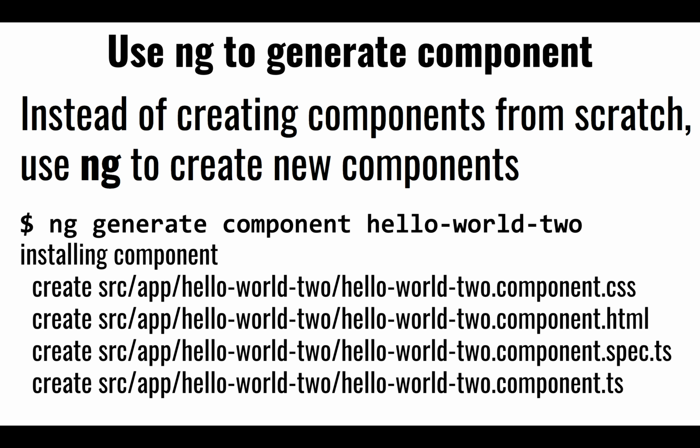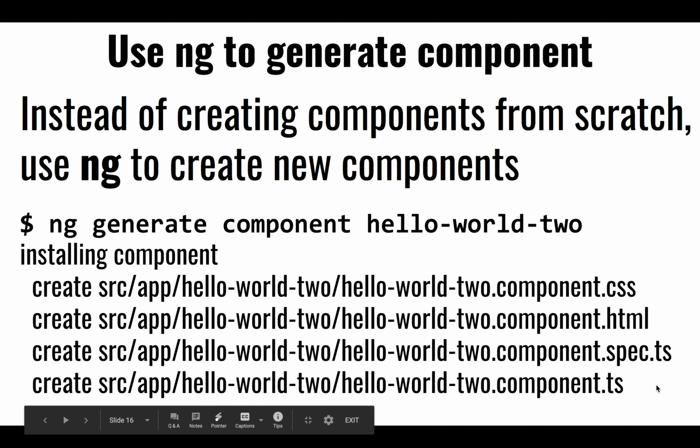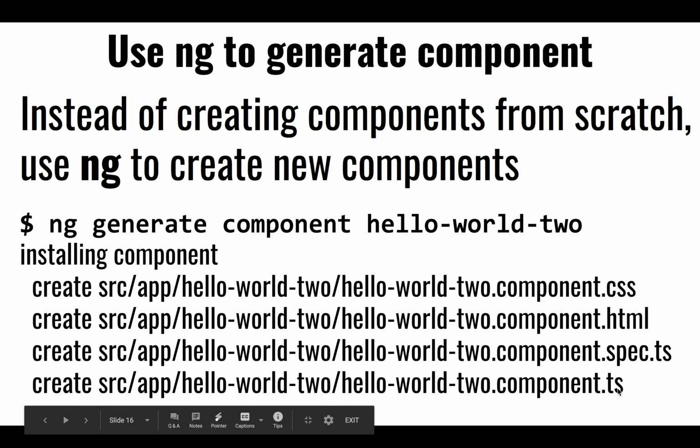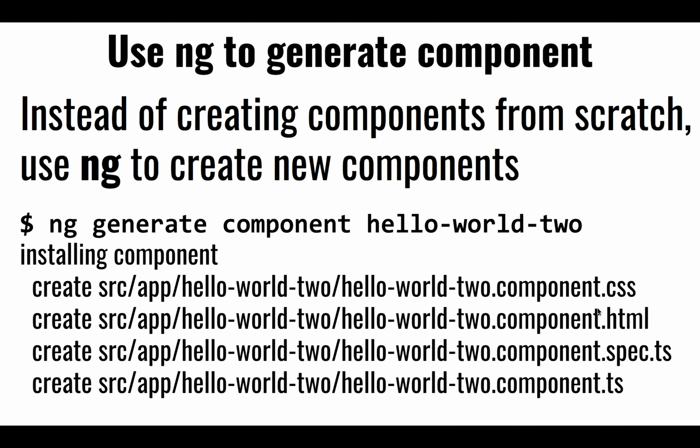Yes? Right? We're going to be spending most of our time in the HTML and the TS, right? Which roughly equate to, in a React application, the TS being kind of like the container, yes? Whereas the HTML will be our stateless component, right?